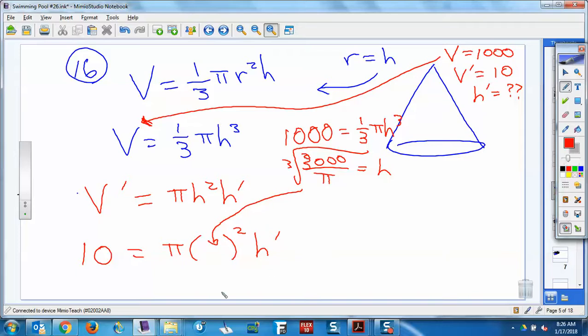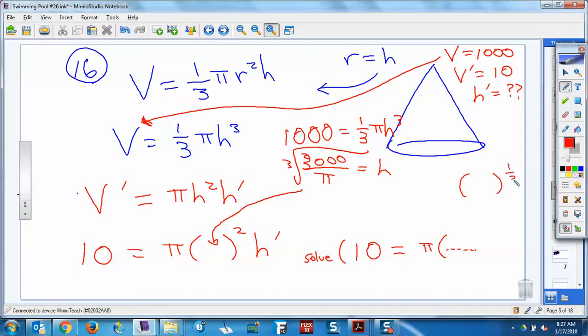And now you just have to solve for h prime. Again, use your calculator. You can just type in solve, don't write this on your paper though: 10 equals pi, whatever decimal you got from that. And how do you do cube root on the calculator? There is a cube root button.